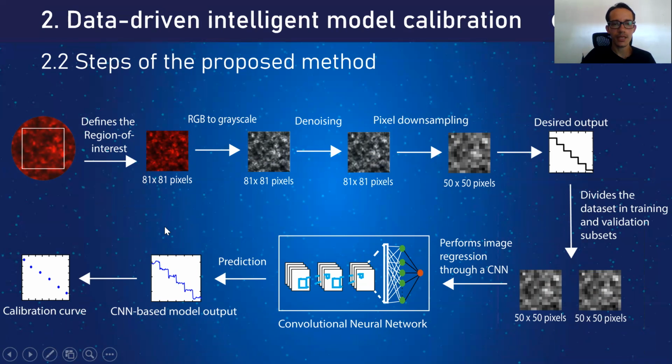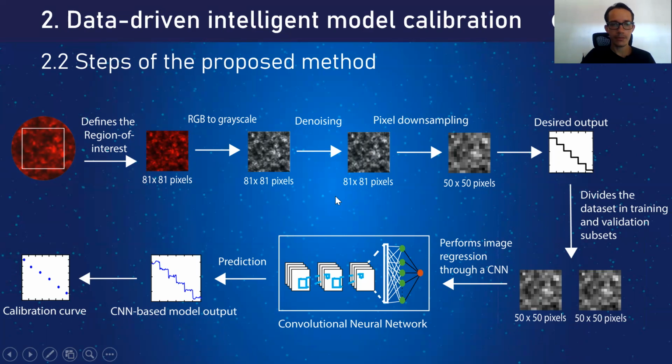Regarding the step-by-step of the proposed method, first of all, a region of interest of size 81 by 81 pixels is defined for each frame. Then the images are converted to grayscale and denoised through a 2D discrete wavelet transform.